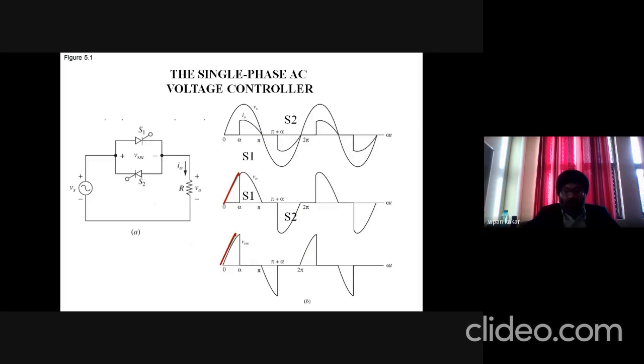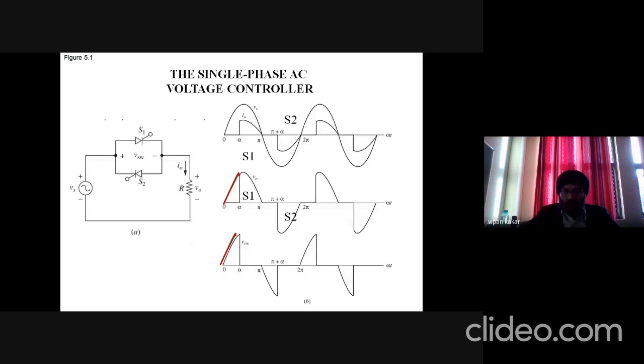Going further, let's say this voltage source has a sinusoidal voltage supply connected to this converter, as we can see from figure 1 of these waveforms. So voltage Vs is a sinusoidal supply input and VO is the output voltage at the load.